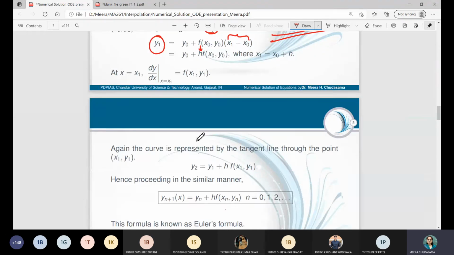At that time, the new approximation y2 will be given by y1 plus h times the function value at x1, y1. In general, you have to remember this formula: y(n+1) equals yn plus h f of xn, yn, and this is known as Euler's formula.